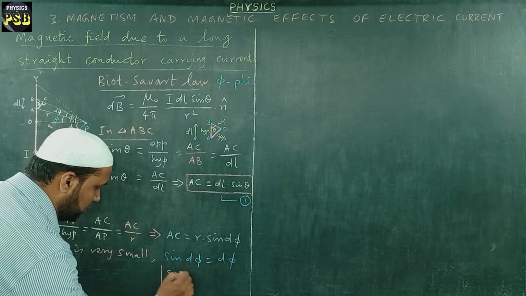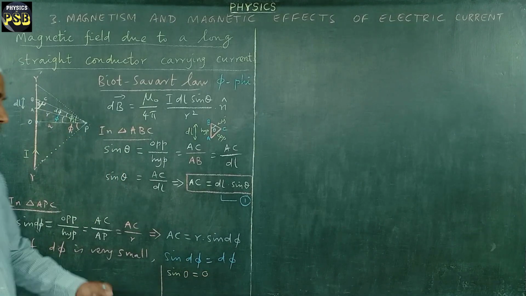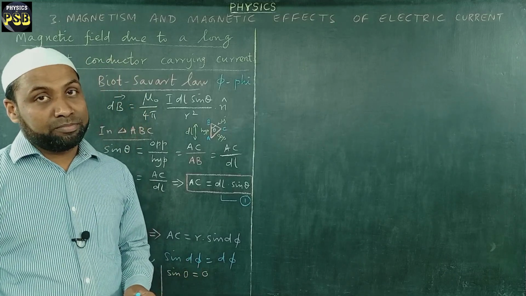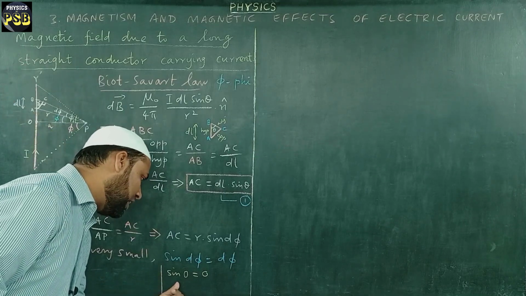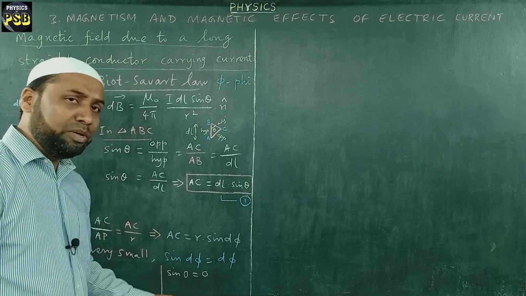Sin of 0 is nothing but a 0. Now, if I take d phi to be very small, I will not find a smaller value than 0. So for sin of 0, we get the value to be equal to 0.